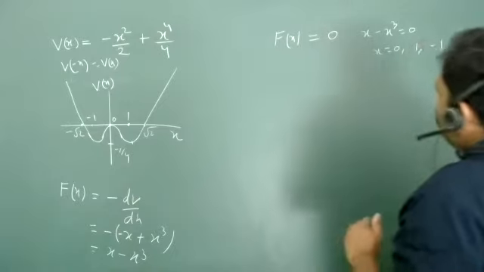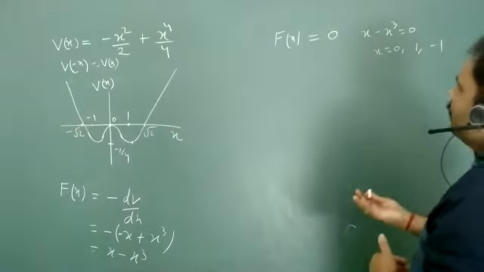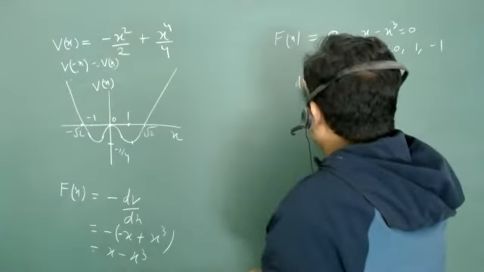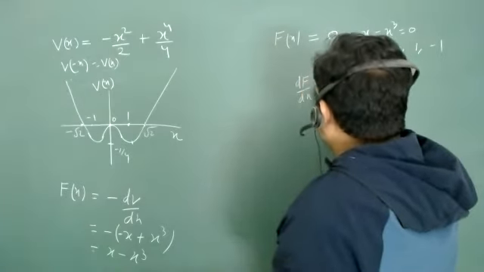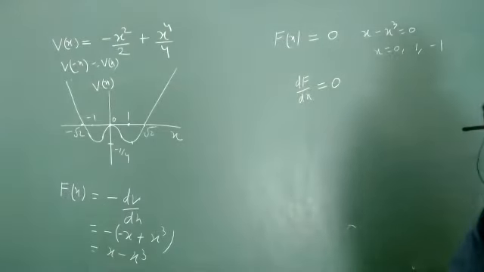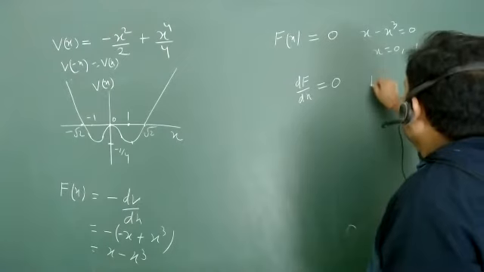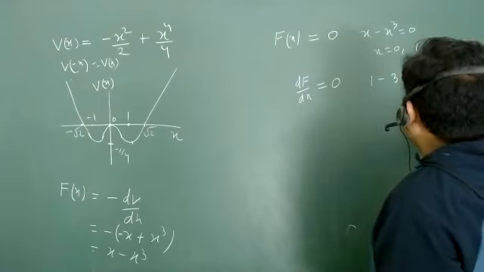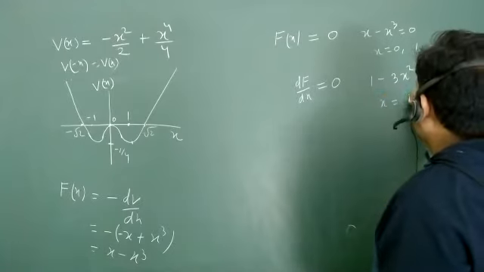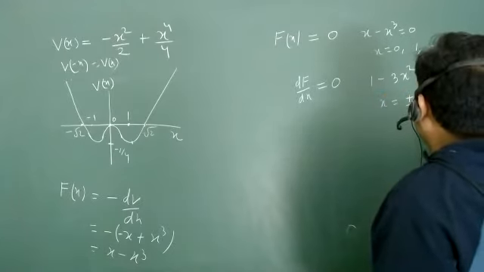Now, where is your force maxima and where is your force minima? We can easily calculate df upon dx equal to 0. So we have 1 minus 3x square is equal to 0. So x is equal to plus minus 1 by root 3, isn't it?